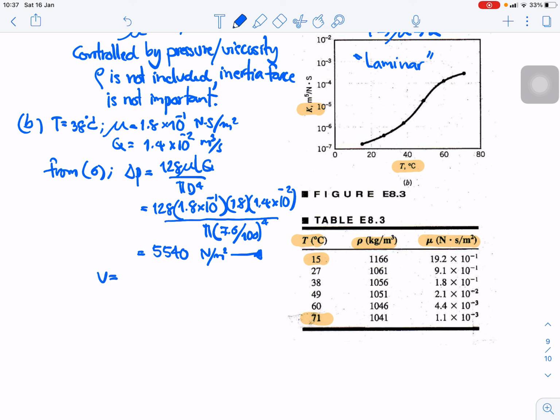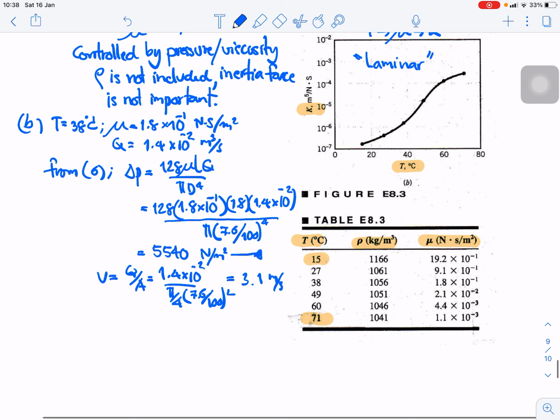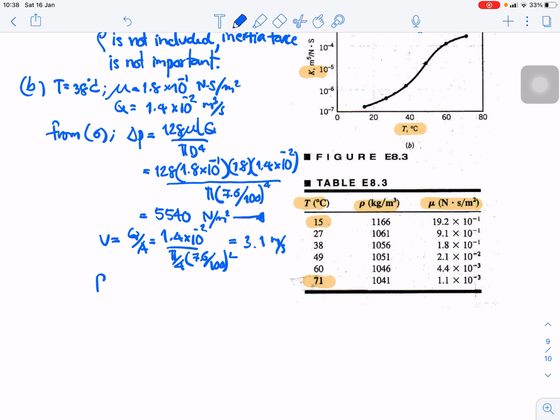Next we can find the velocity, Q divided by the area. We found that the velocity is 3.1 meters per second, and we check the Reynolds number, which is rho V D over mu.